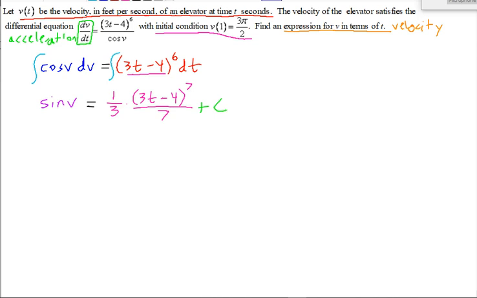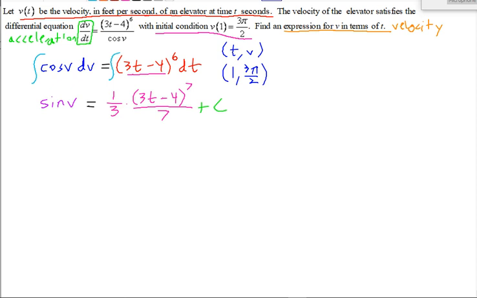And then we can solve for c by using our initial condition. Our points here, instead of x and y, you can see the t is like the x, the v is like the y, so it's t, v, and the time here they give you is at time 1, the velocity v equals 3 pi over 2. So that's what we can substitute in.